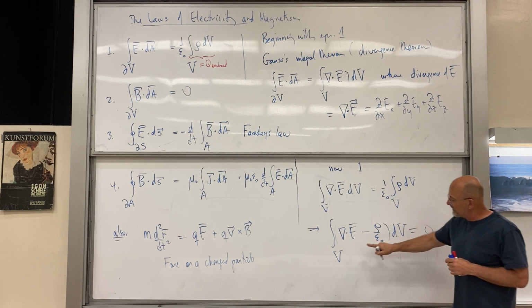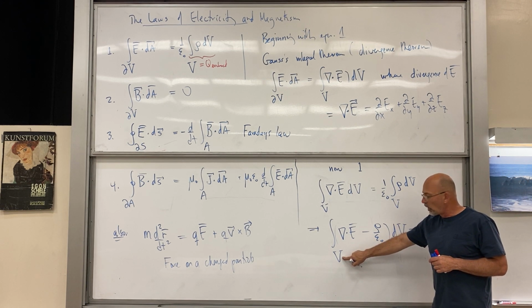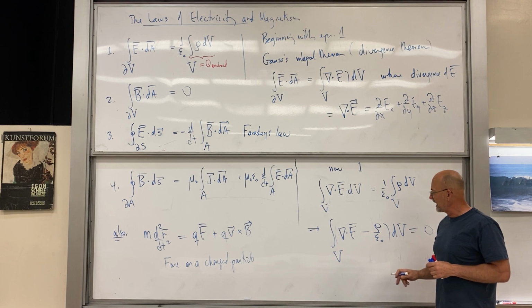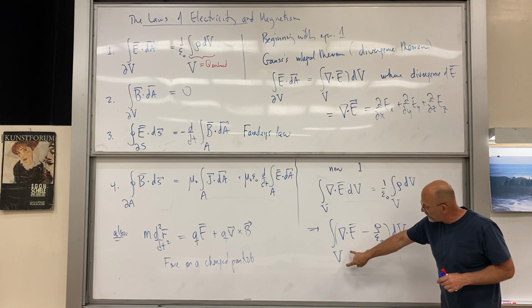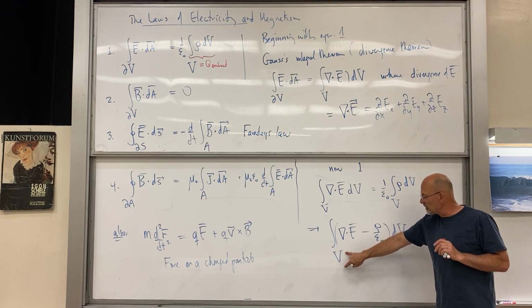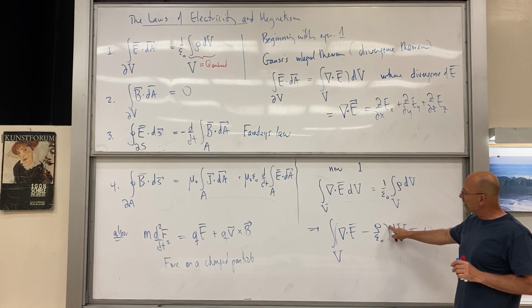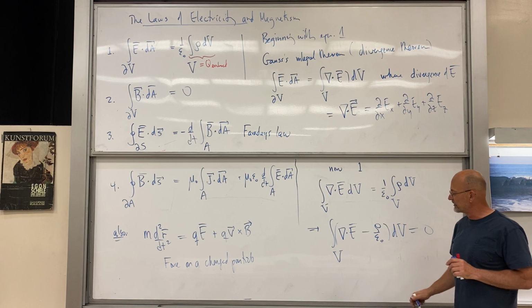But now the argument is this volume is arbitrary in space, and we can therefore argue that if this integral is over any old volume we choose in space, then the integrand itself must be 0. Okay.